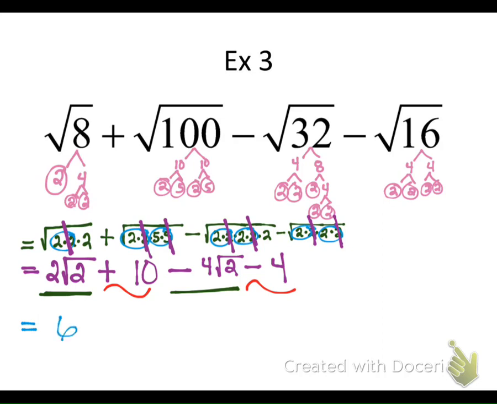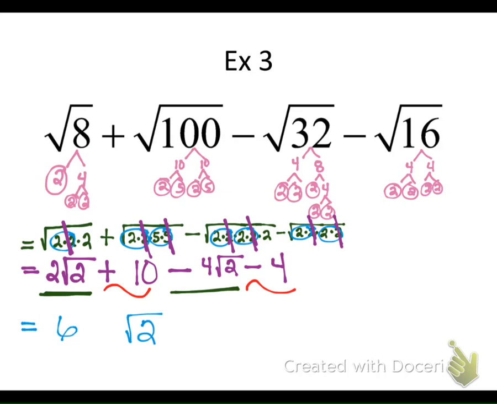Then we're going to combine 2 square root 2 minus 4 square root 2. Now, my radicands stay the same, right? So my radicand's going to stay the same as a square root 2. So then you're basically just taking your coefficient. What's 2 minus 4? Use your calculator. What's 2 minus 4? Say it again.